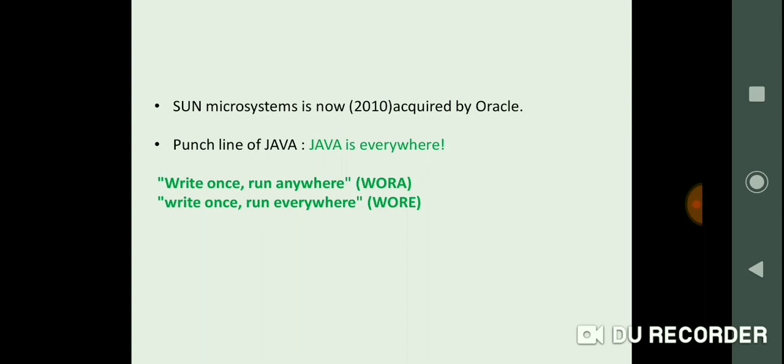So we have JVM for different OS. We write the source code only once, and we can run it on any operating system just by installing different JVM for different OS.